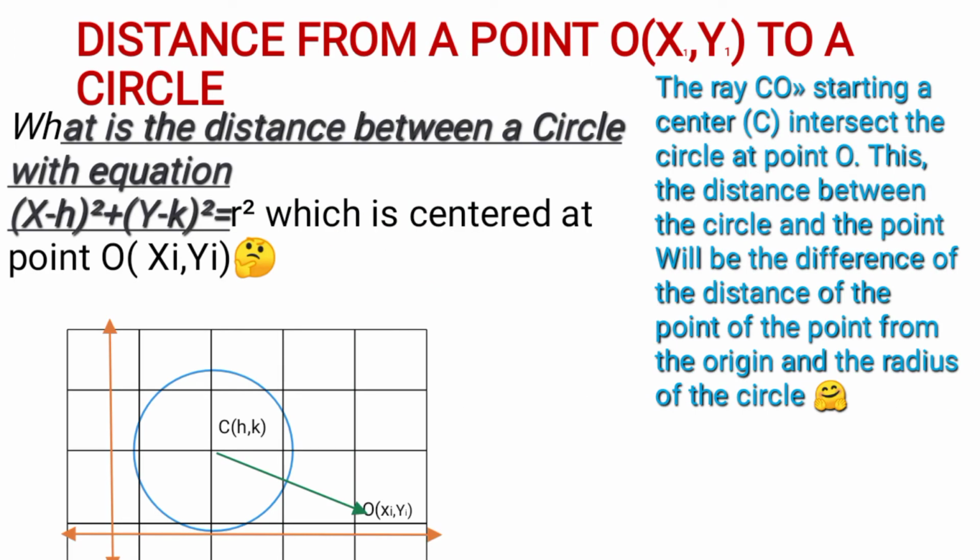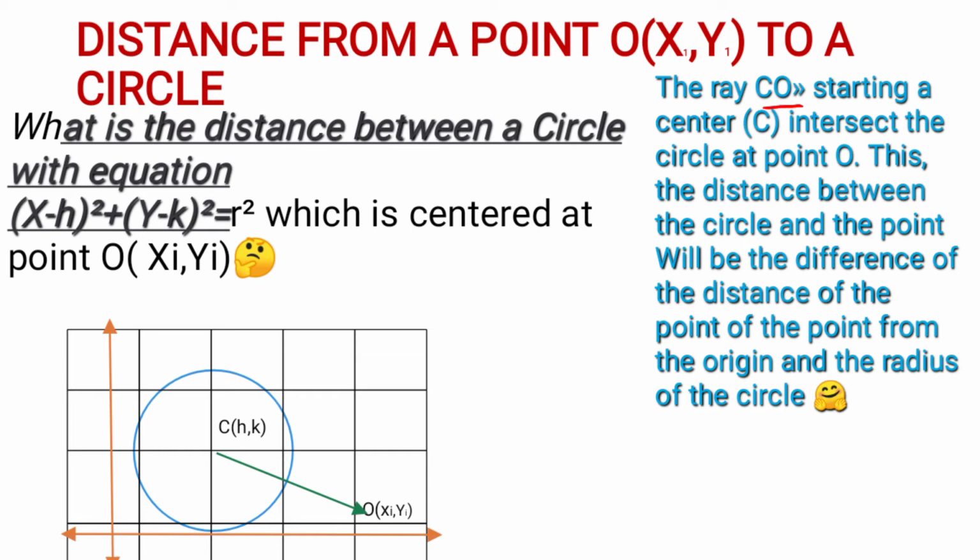Next is the distance from a point O, that is x1, y1, to a circle. What is the distance between a circle with equation x minus h squared plus y minus k squared is equal to r squared, and the point O with coordinates x1 and y1? The ray CO, starting at the center, intersects the circle at a point. The distance between the circle and the point will be the difference between the distance from the point to the center and the radius of the circle.